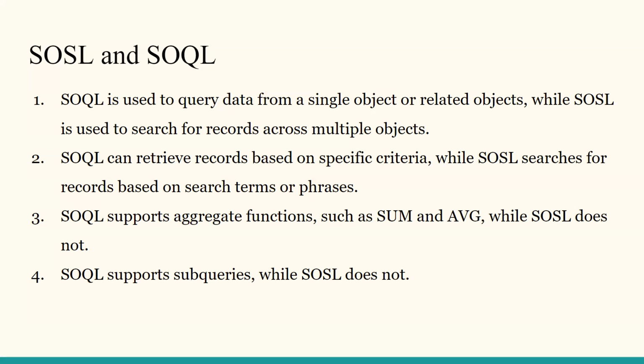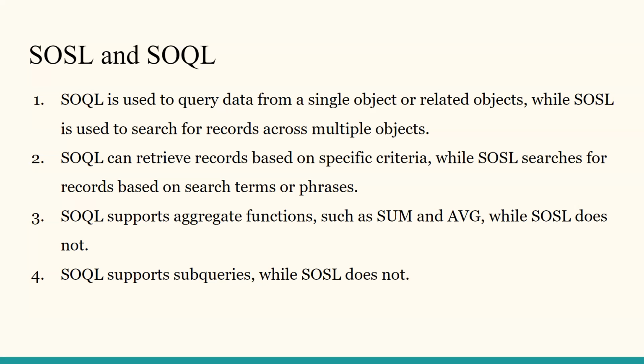SOQL can retrieve records based on specific criteria, while SOSL searches for records based on search terms or phrases. SOQL supports aggregate functions such as sum and average, while SOSL does not. SOQL supports subqueries, while SOSL does not.